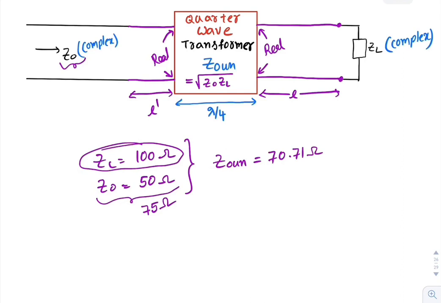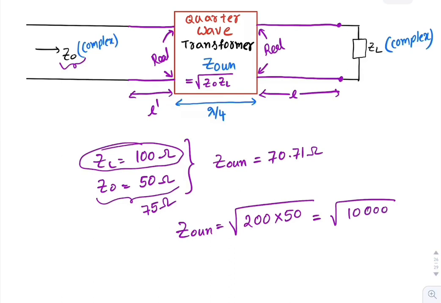Let us say if you take another antenna whose load is 200 ohms, then the characteristic impedance ZO unknown equal to root over 200 multiplied with 50, that is equal to root over 10000, that equal to 100 ohms. As the load value changes, again you have to design another transmission line whose characteristic impedance is 100 ohms.